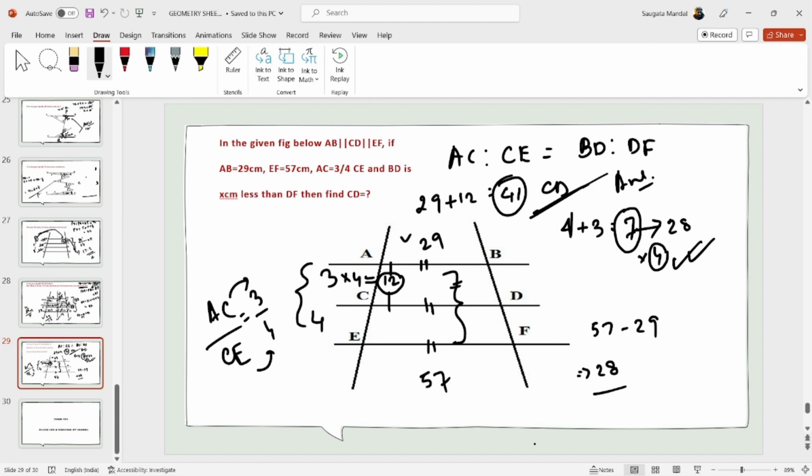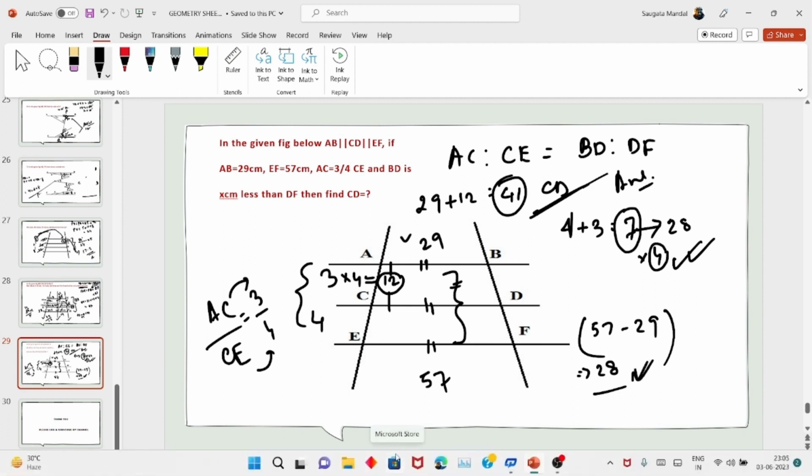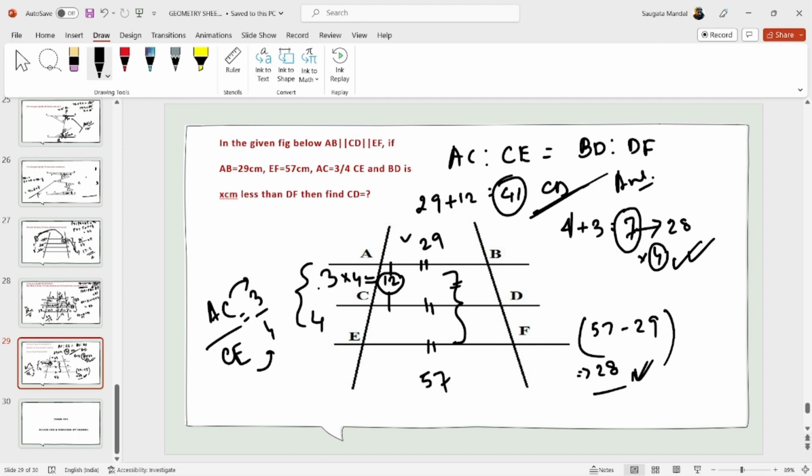So the gap between AE, that means AC and CE, 3 plus 4, 7, is equal to the gap between AB and EF, that means 57 minus 29, 28. So 7 is equal to 28.